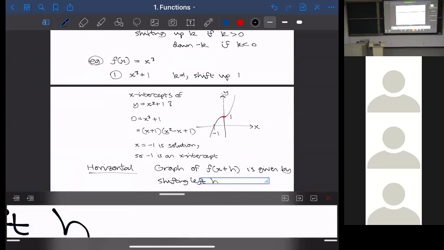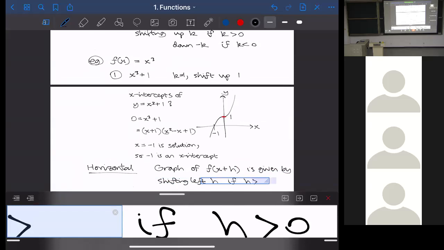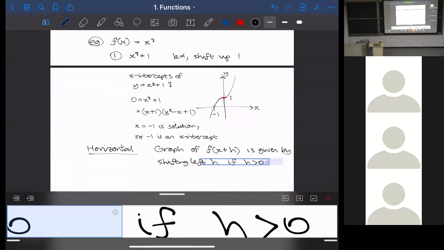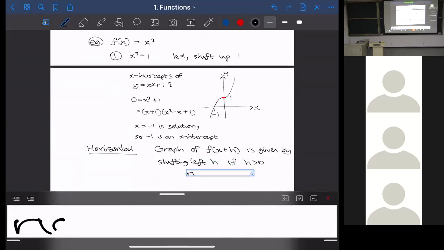So if h is positive, I'll shift left by h. And if h is negative, I'll shift right by minus h.